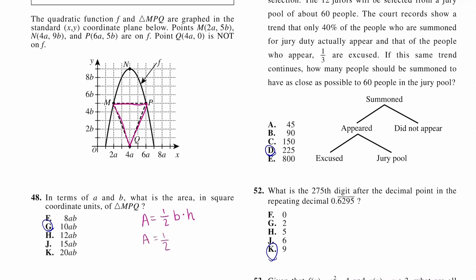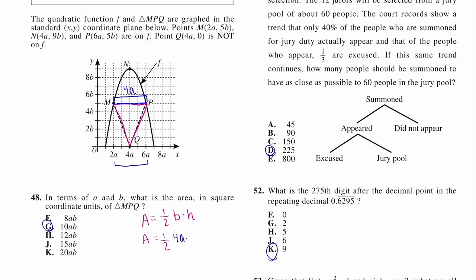So 1/2, let's find the base. This is the base. Let's see, it looks like we go 1, 2, 3, 4. So 4 across here. So the base is 4a.